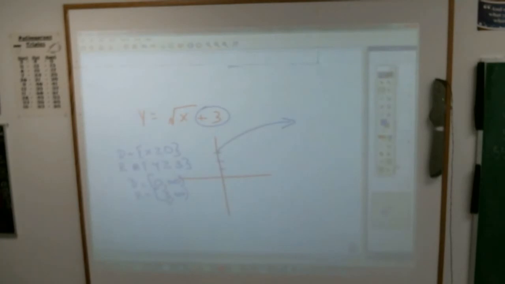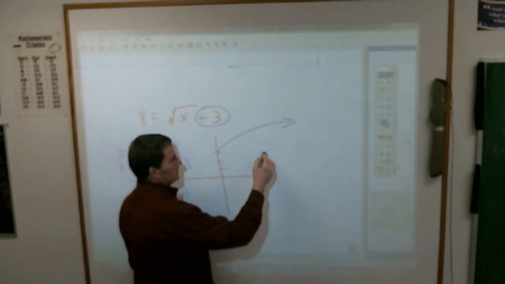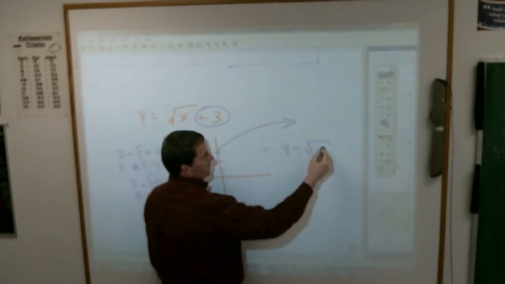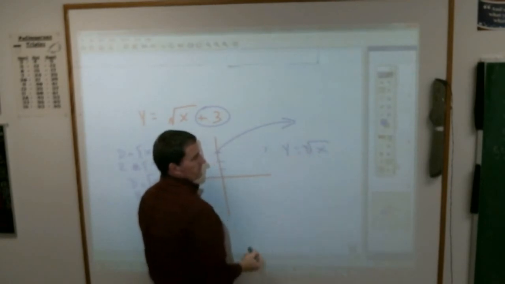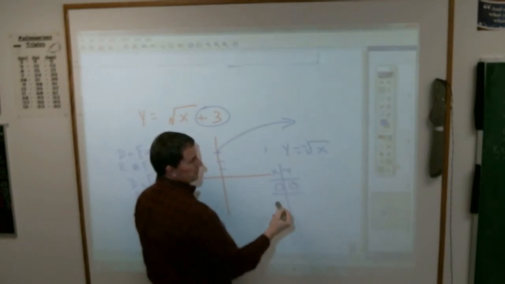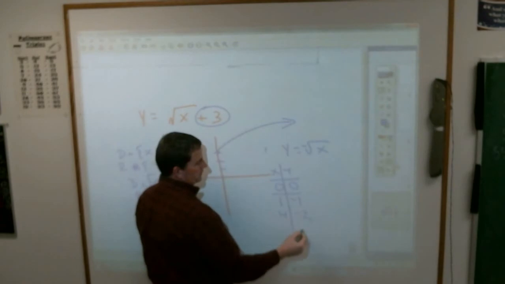We should try it. Maybe I was wrong on that negative x. If we were graphing this, y equals absolute value of a negative, what would that look like? If x is 0, y is 0, so it starts at the origin. If x is 1, y is negative 1. If x is 4, y is negative 2. And if x is 9, that's negative 3.